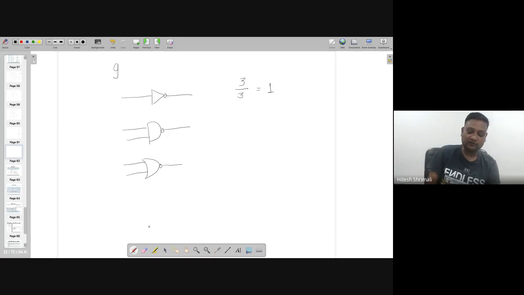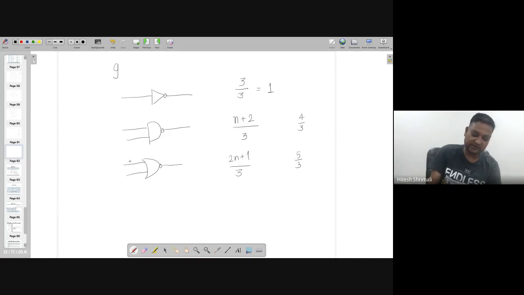But if you are following the one book, which is Weste and Harris, with the ratio between NMOS and PMOS being 2, then for the NAND gate it is equal to (n plus 2) by 3, and for the NOR gate it is equal to (2n plus 1) by 3, where n is the number of inputs. So if there are 2 inputs, the NAND is 4 by 3, and for a 2-input NOR gate it is 5 by 3.